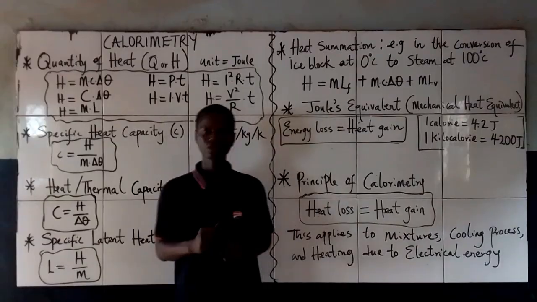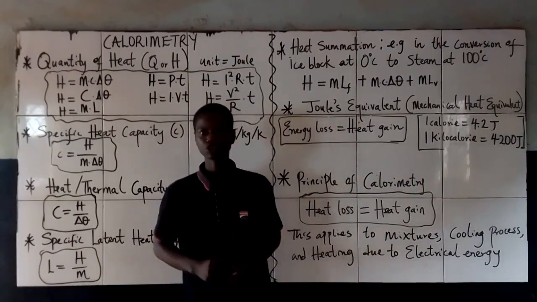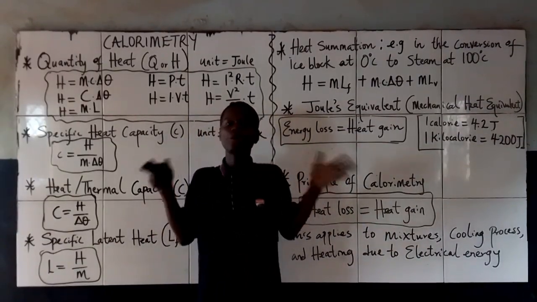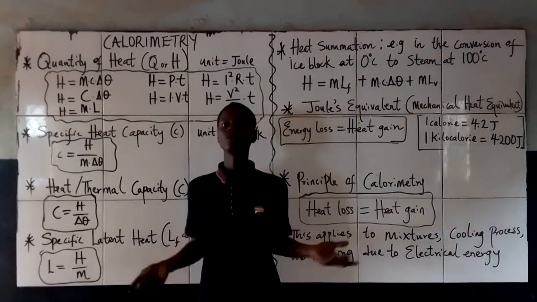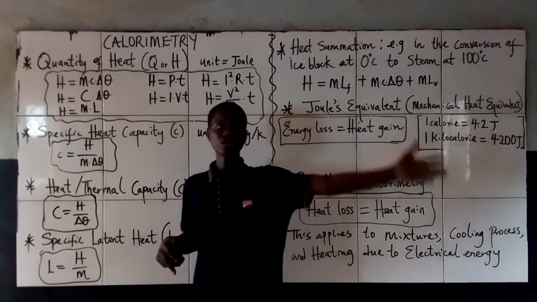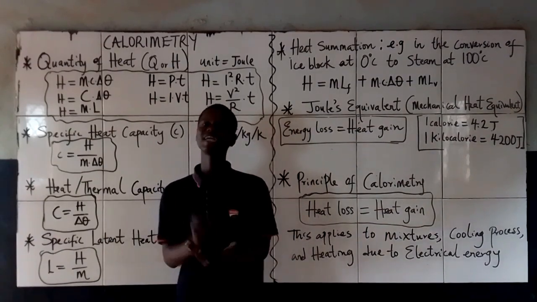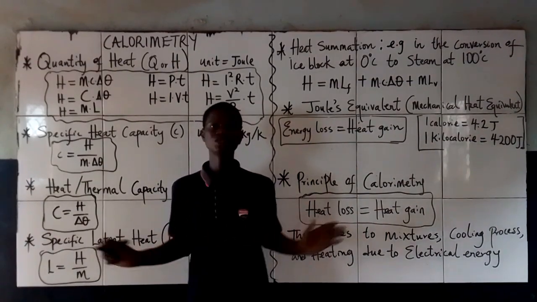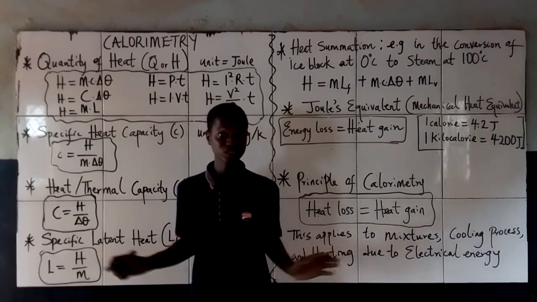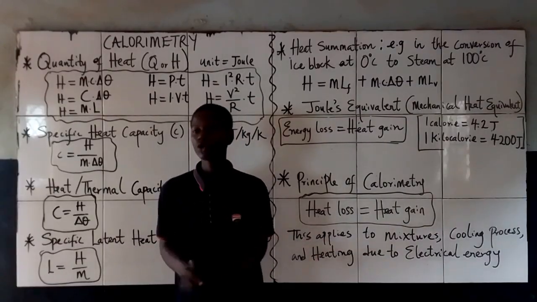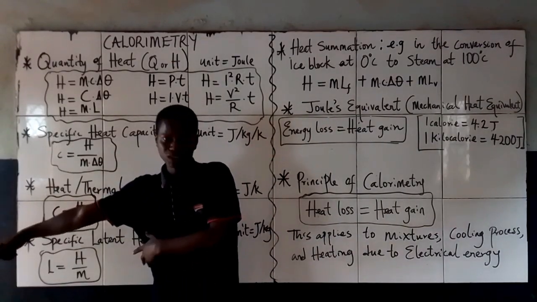Now let's analyze something. The first one is called mixture. Imagine you are in a cold environment and you want to take your bath. Let's say you get your water from outside, from the rain source, and that water was at 10 degrees Celsius. Normally you won't want to use it to take your bath because it's very cold, is it not? So you decide to boil a separate water.